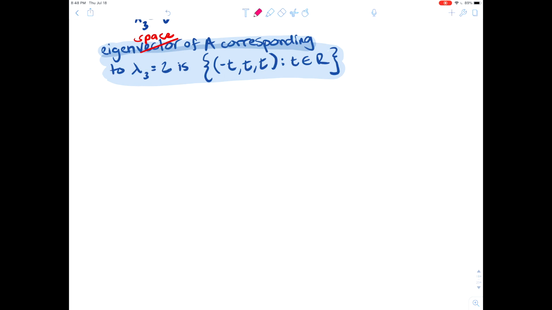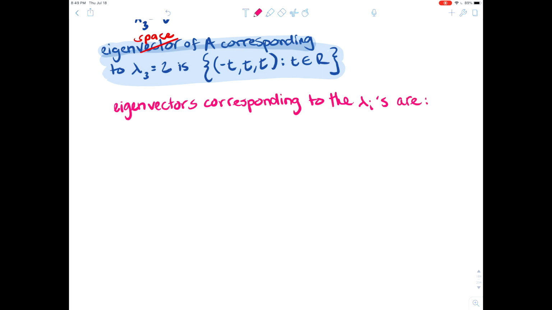So to find corresponding eigenvectors to each of the lambdas, you just need to let the free variable be equal to something which is non-zero. If you had more than one free variable, as long as they're not both zero at the same time, you're good. So let's go ahead and find eigenvectors corresponding to the lambda i's.